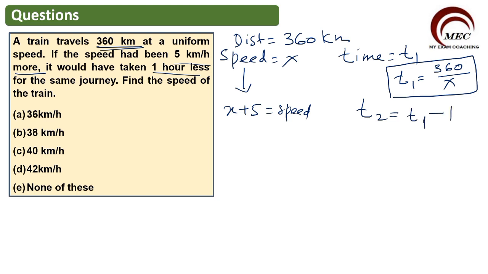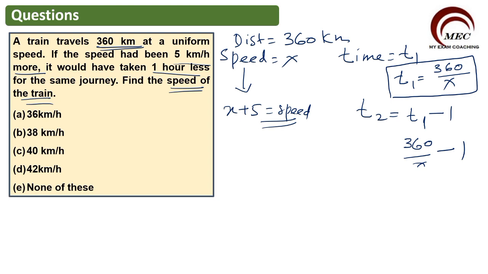So if the speed is this, T2 will be T1 minus 1, that is 360 divided by x minus 1. Now again, what do we want to find out? We want to find out the speed of the train.